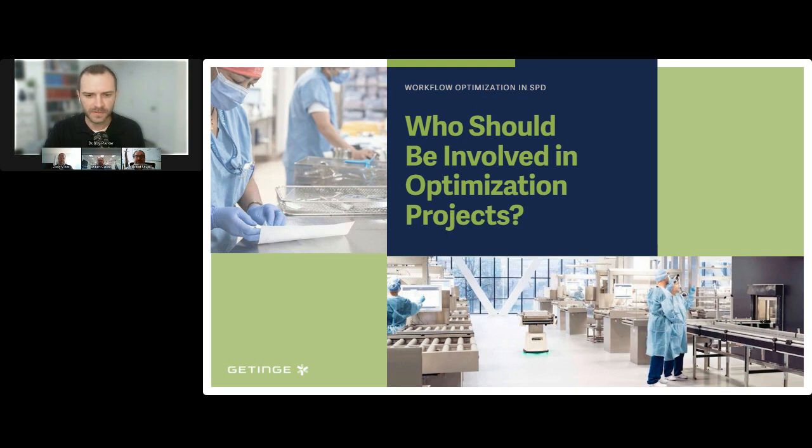I particularly want to hear Robert's perspective on this with that background in Lean Six Sigma, because that is baked into that system of figuring out how we go about developing optimization improvements and who needs to be involved. So Robert, just really broadly, in optimization and sterile processing, who needs to be in the room as you figure out what to do about your problems?